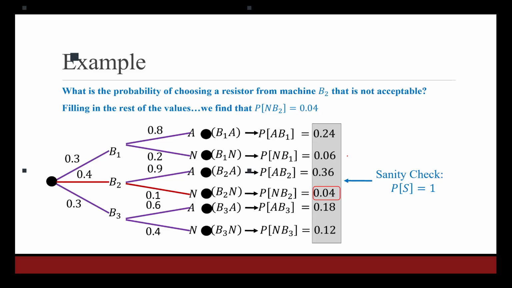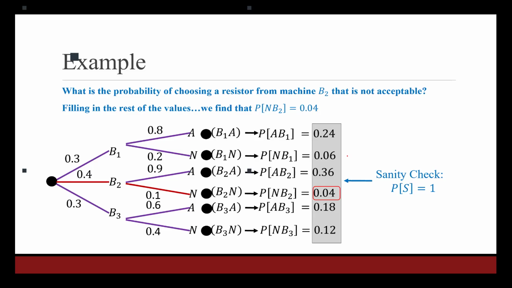You know what I'm saying? So we choose a random resistor. We have 0.3 chance that this is made by B1, 0.4 chance that it is made by B2, 0.3 chance that it is made by B3. Now we want to see if it's accepted or not. Each of those machines has their own chance of producing a proper resistor or not.